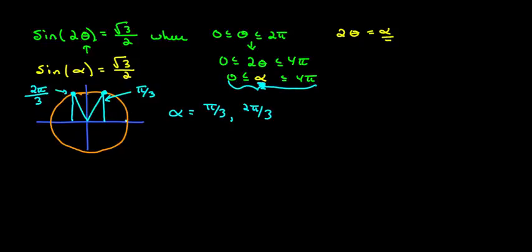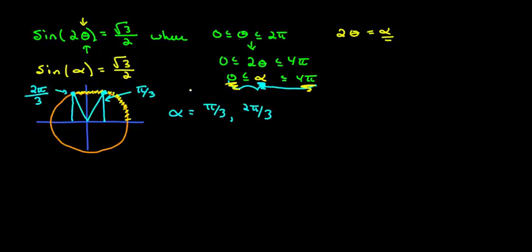So as I keep working my way around, I first get to pi over 3, which is certainly between 0 and 4 pi. Then 2 pi over 3 is between 0 and 2 pi. So these are both going to be solutions. These are the solutions for alpha.